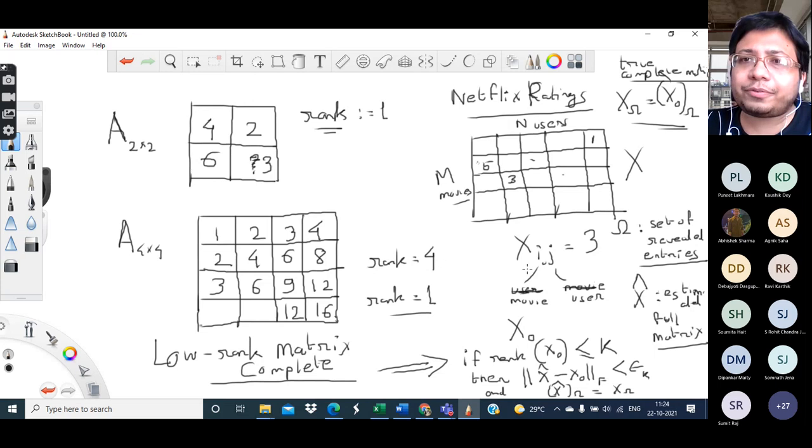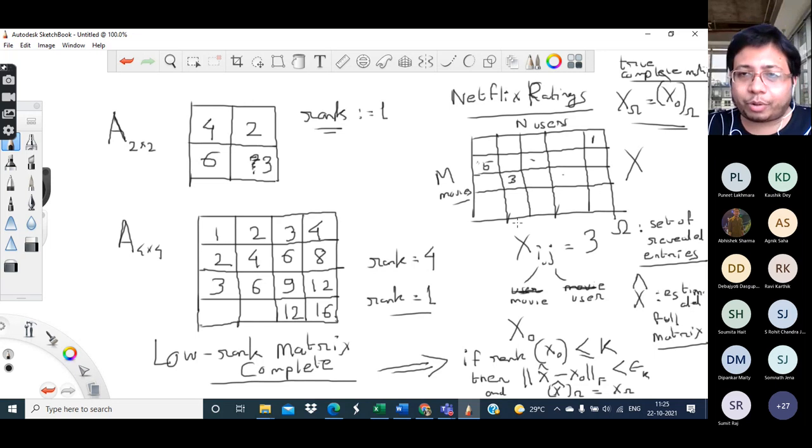Can any of you suggest why this user movie rating matrix may be considered to be low rank? Can there be some vague rationale for thinking that this is a low rank matrix? Sir, because many users can have the same ratings in their rows.